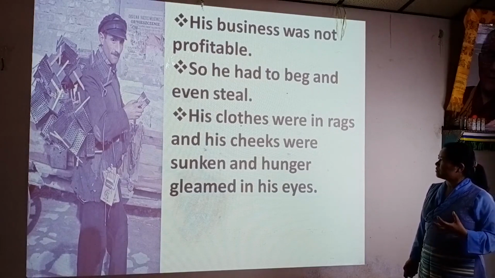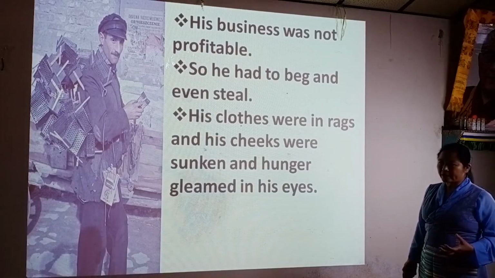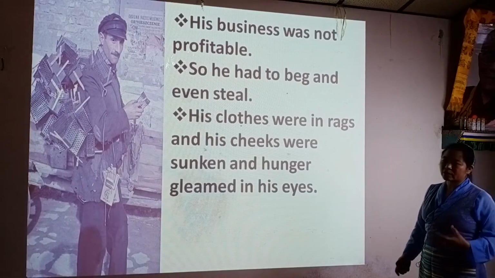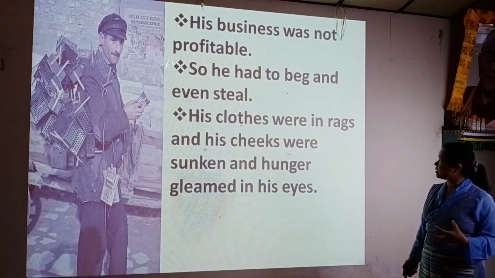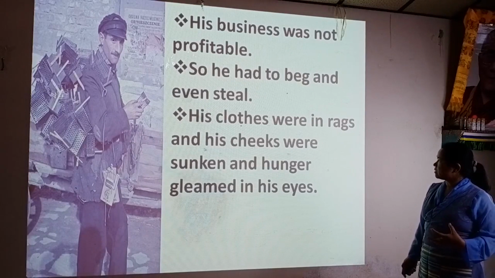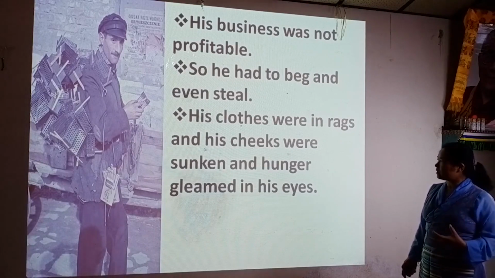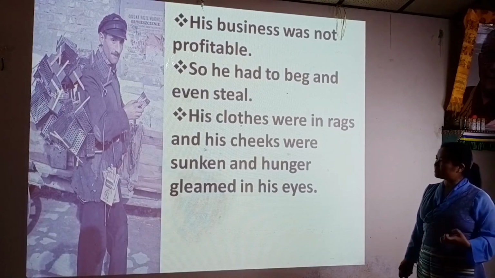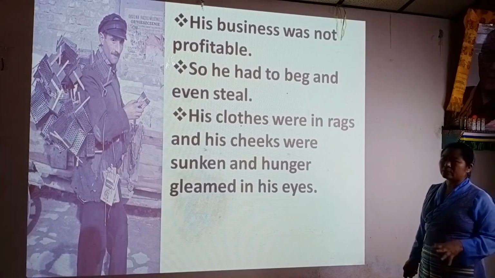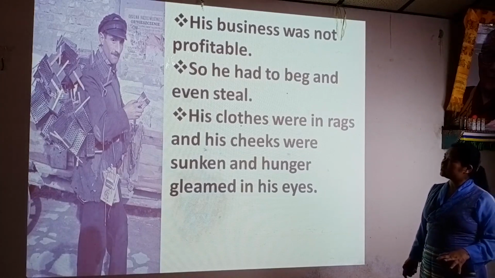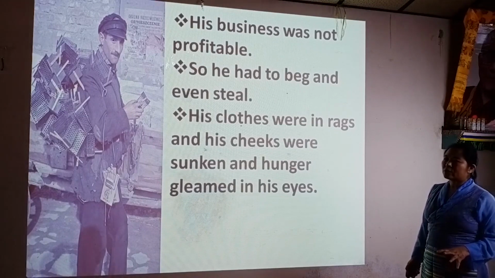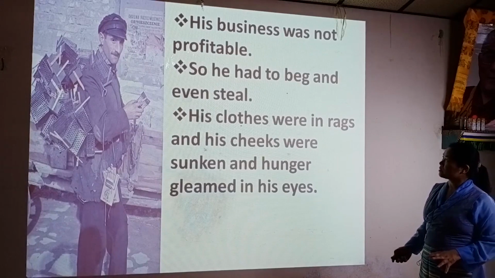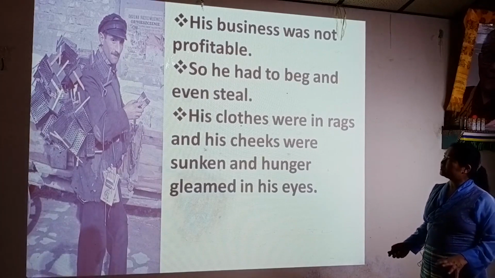So he is most of the time hungry, and because of that he is very thin, his cheeks were sunken in, and the eyes gleamed in hunger. All these indicate that he was a very poor person. He did not have enough to even eat. So he is a very poor person. That is important for us to understand.